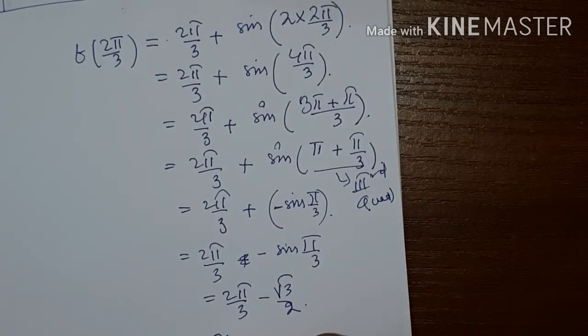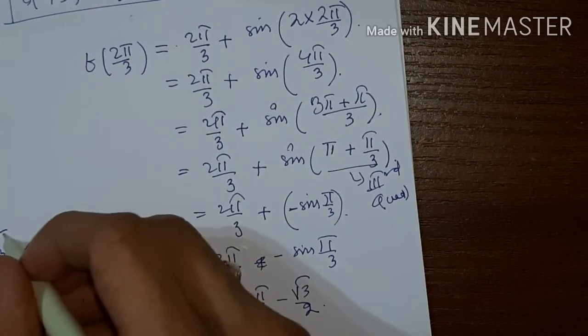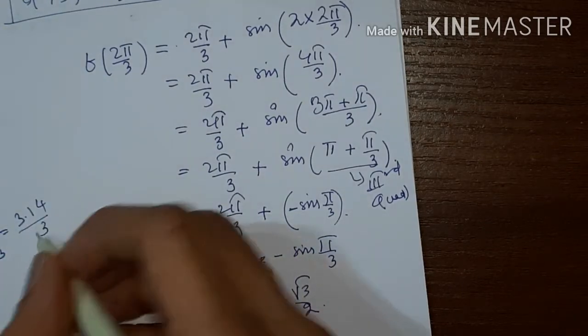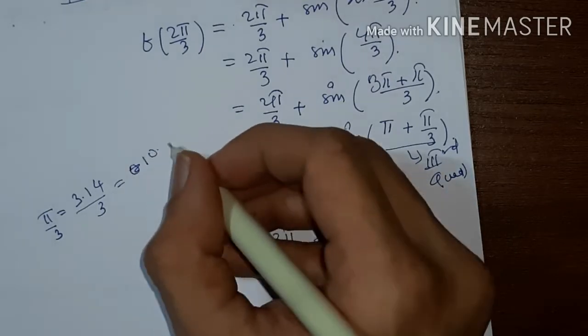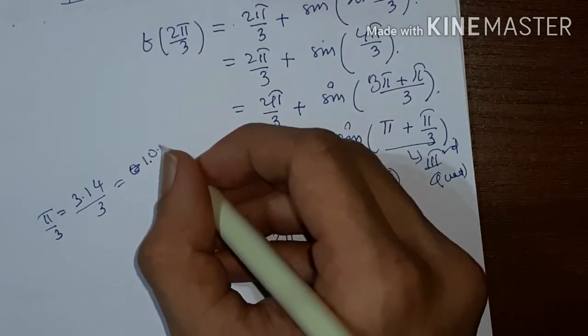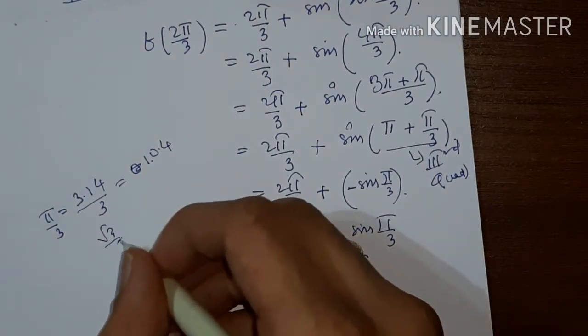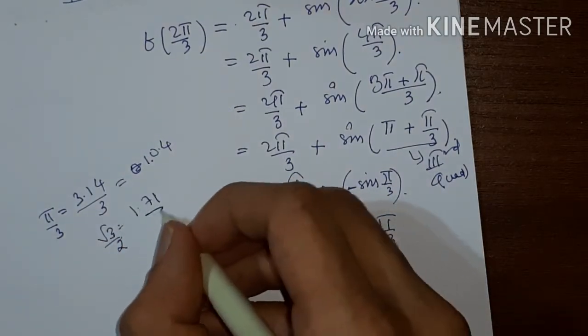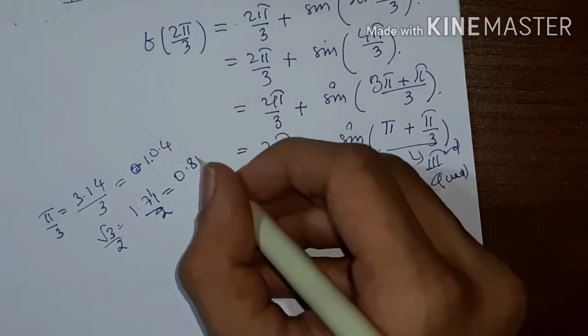Now if you look at this, pi by 3 is 3.14 divided by 3, that is 1.04. And root 3 by 2 is 1.71 divided by 2, which is 0.85.